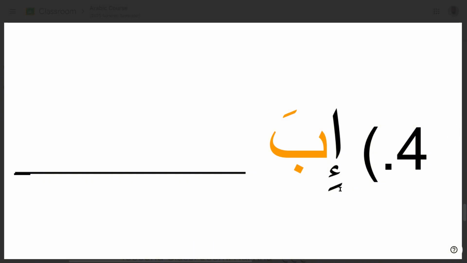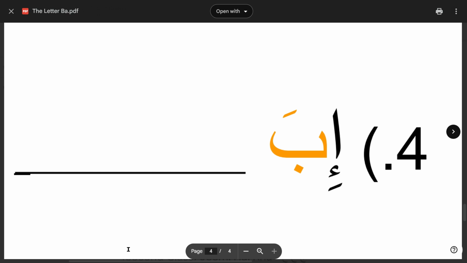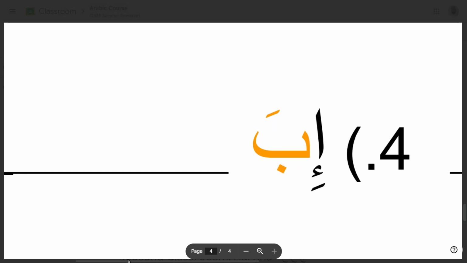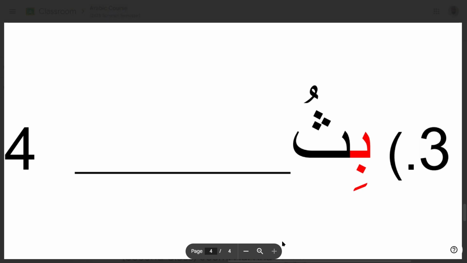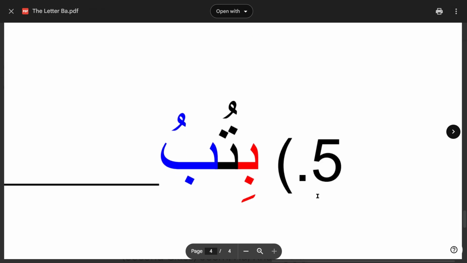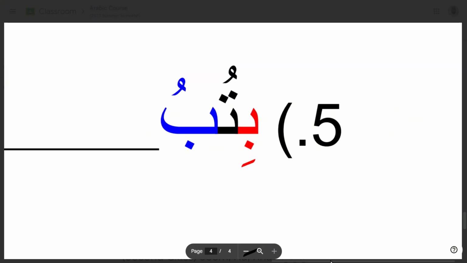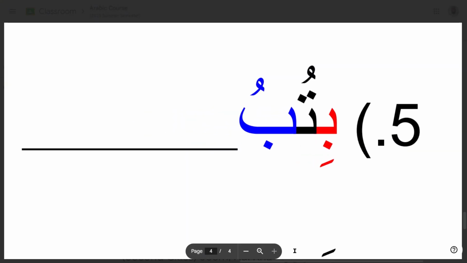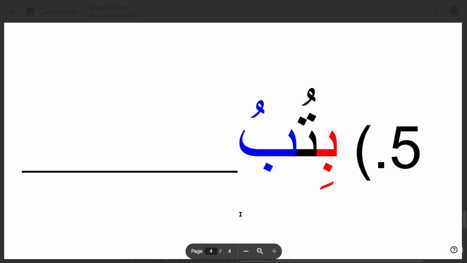Alif kasra i, ba fatha ba. Iba. That's great, because in the recitation, if we start extending when we're not supposed to, you start adding letters, technically adding letters to the Quran, so it's not good. But we learn as we go, so it's not too bad if you're doing it unintentionally.